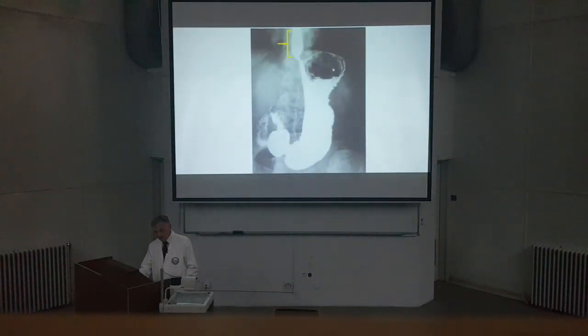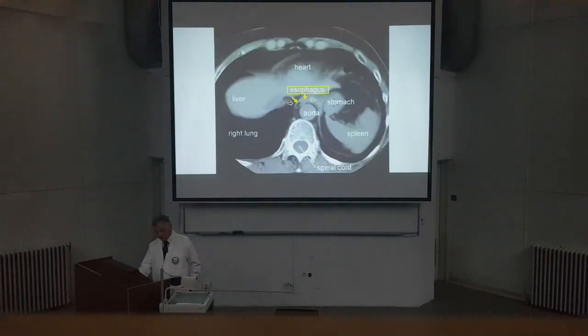If you look at this barium meal, here is the abdominal part of the esophagus joining the stomach. This is the cardia of the stomach. The part filled with gas is the fundus. Usually the fundus is full of gas.